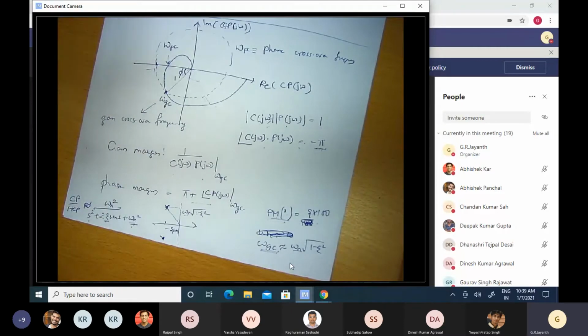So if I discovered my phase margin to be 40 degrees, I can with confidence state that my closed loop system's behavior will be roughly that of a second order system with damping factor 0.4. Likewise, if the phase margin is smaller, like 10 degrees or 20 degrees, my damping factor will also be smaller, 0.1 or 0.2.